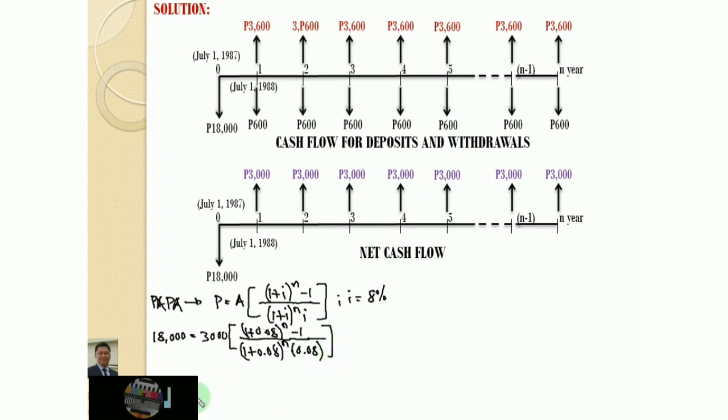So calculating the value of n here using your calculator, we can get the value of n, which is just equal to, actually this is 0.52 equal to 1.08 raised to the negative n, in which our n here is simply equal to 8.5 years.